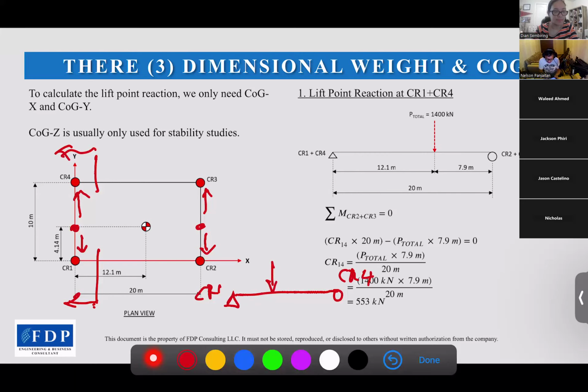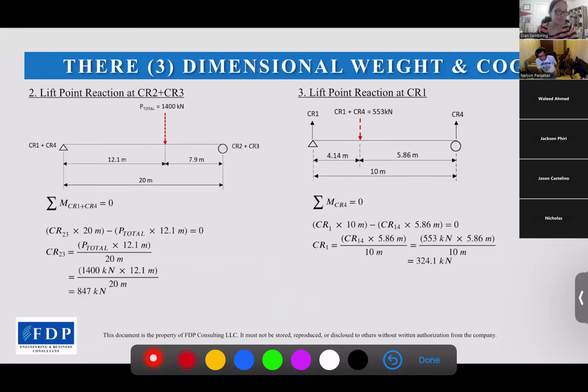And the load itself, I will say for crane 1 4, it will be at 4.14. The total will be 10 meters, so this will be 5.86, like that.